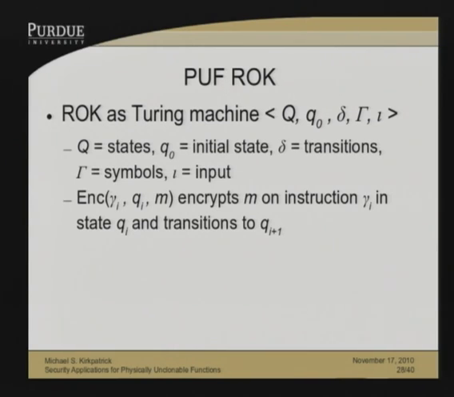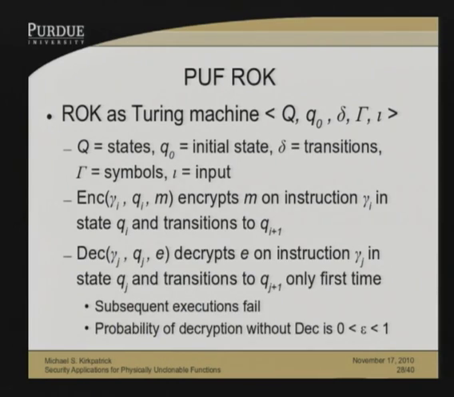So there's this non-determinism within this machine. And the decrypt primitive, similarly, the first time that you would call this from a given instruction and a given state on a given encrypted message, it will decrypt it successfully and transition to one state. Any additional times, it would transition to a different state because the decryption would fail.